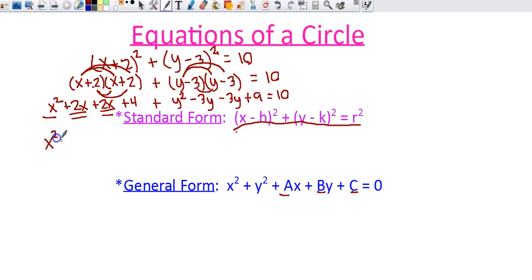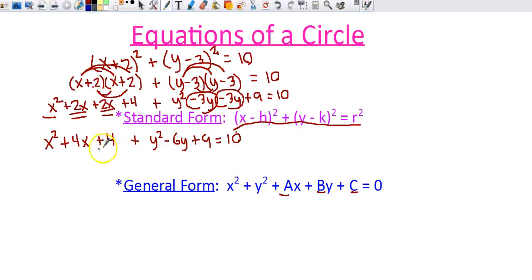So x squared plus 4x plus 4. And over here, y squared minus 3y minus 3y. Negative 3y plus negative 3y is negative 6y. So that's y squared minus 6y plus 9. I just brought the 9 down, equals 10.